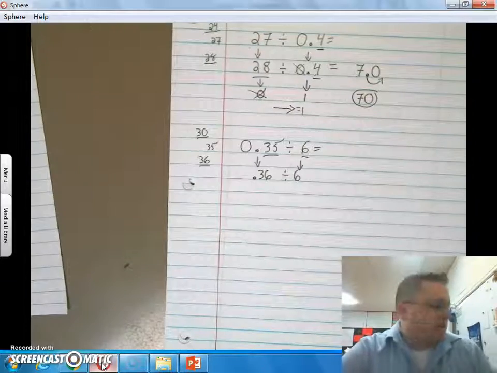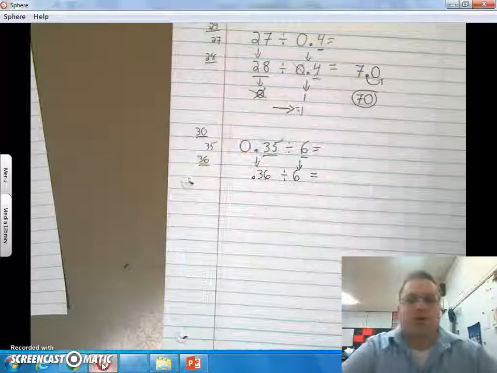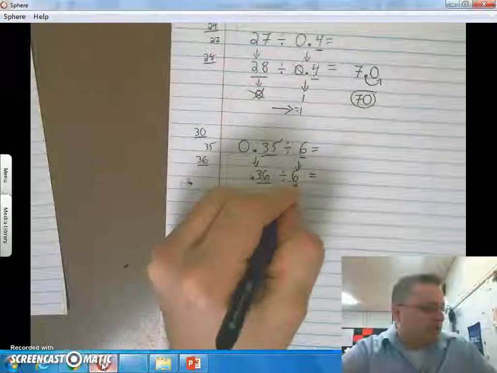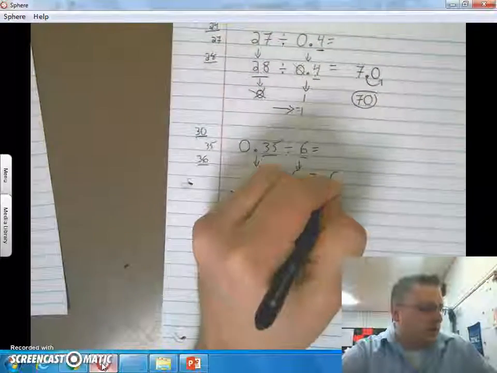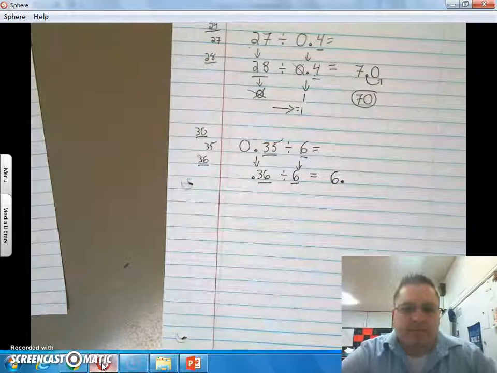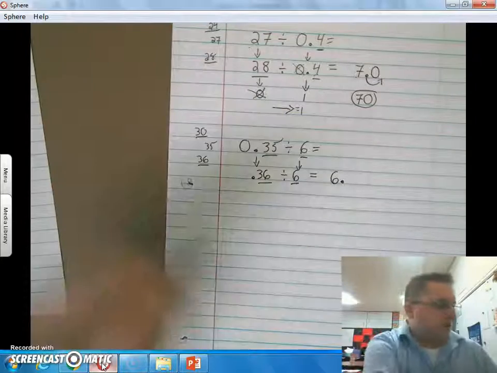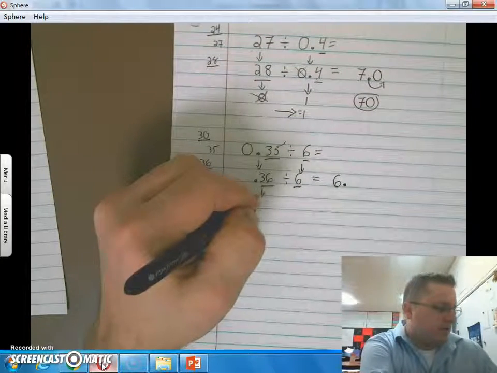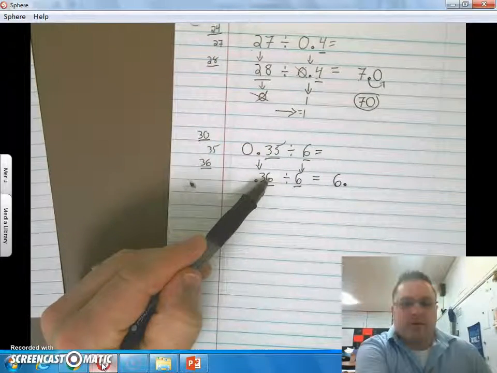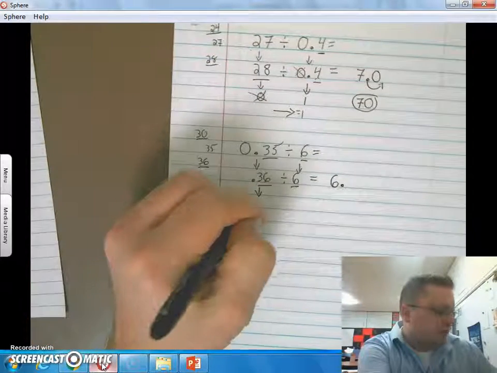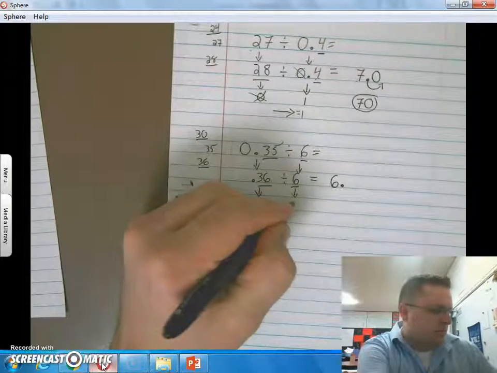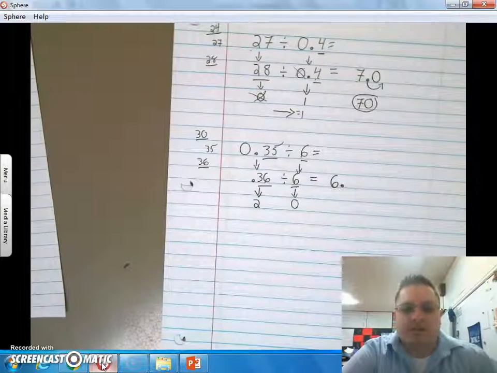0.36 divided by 6. We will divide, ignoring decimals. 36 divided by 6 is 6. I'm going to put my decimal there. Now, we are going to count our place values after the decimal. Decimal, tenth, hundredth. 2 numbers, 2 place values. And in the number 6, there weren't any. We didn't have a decimal.